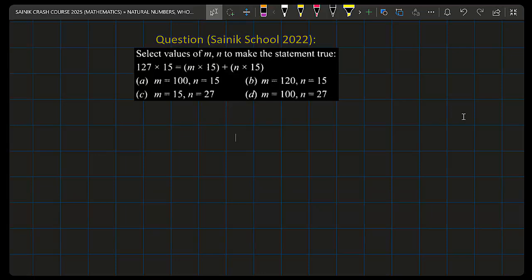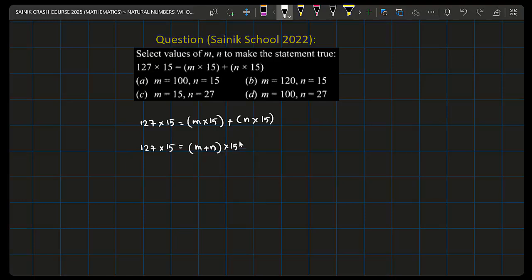Okay. So first let me write that equation. They said 127 into 15 is equal to m into 15 plus n into 15, right? Here which property can we apply on the RHS? The distributive property. Which is common here? Sir, 15. So can we take 15 common and write 127 into 15 is equal to m plus n into 15 according to the distributive property?